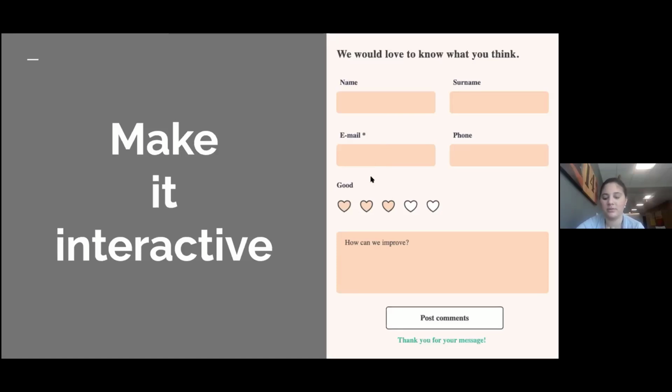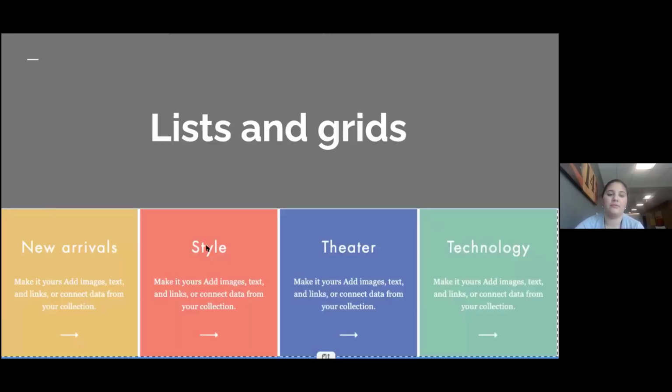This makes a difference. Then for the lists and grids, I really like that within your blog you can make certain little menus and summaries of what you're going to do. And well, you can obviously change all these things and adjust it to what fits you best.